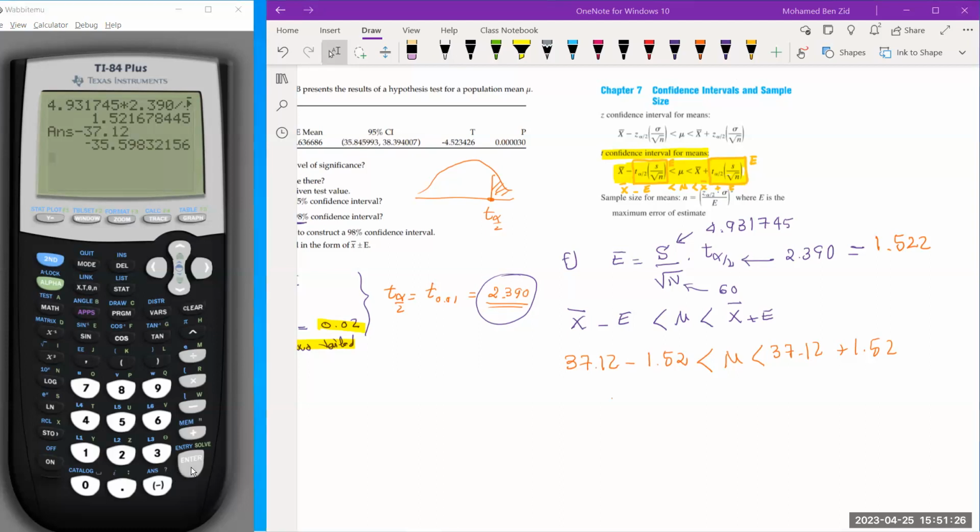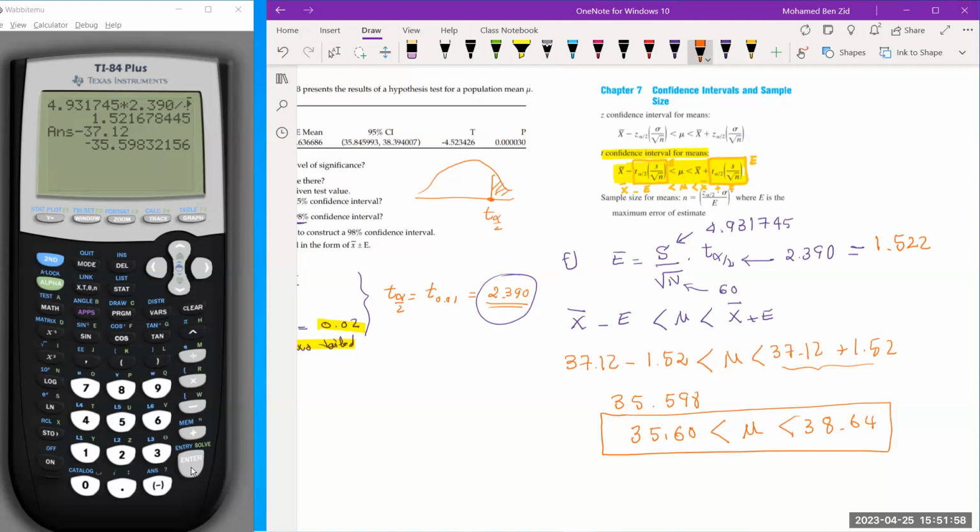So this side you're going to have 35.598. So if I round to 2 decimals, that's going to be 35.60. And this part, we can do it, I guess. It can be 38.64. And that's all. That's going to be your confidence interval.